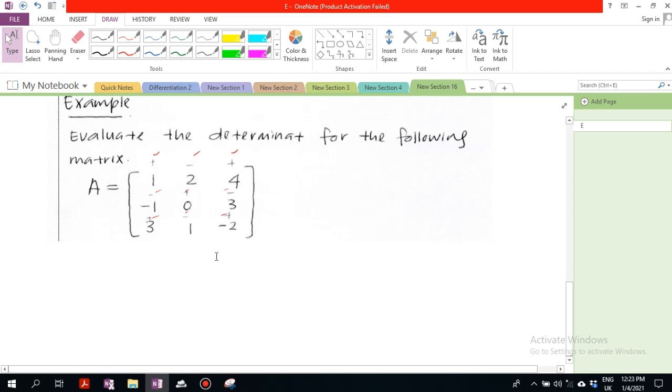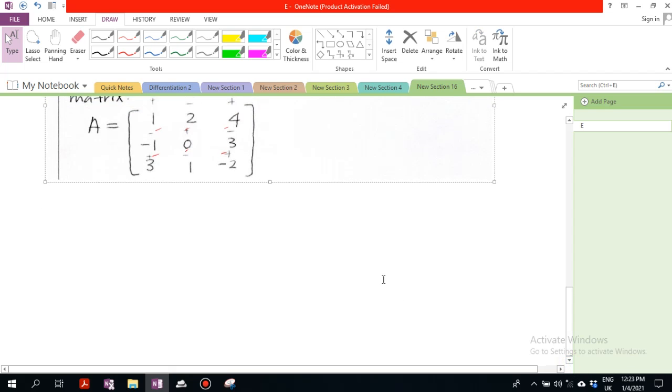So in order to calculate the determinant, det A is equal to, you take the first one, which is 1, and you eliminate its row and column, so the matrix remaining is 0, 3, 1, negative 2.